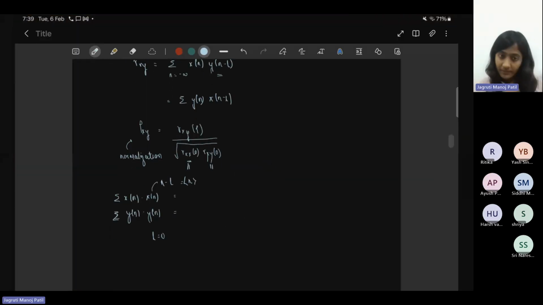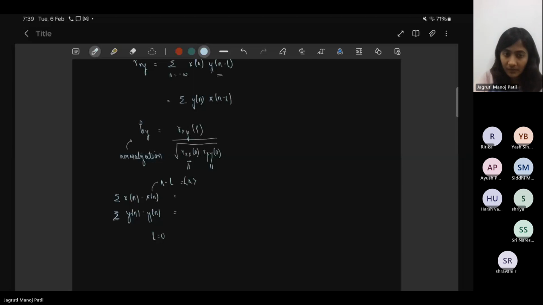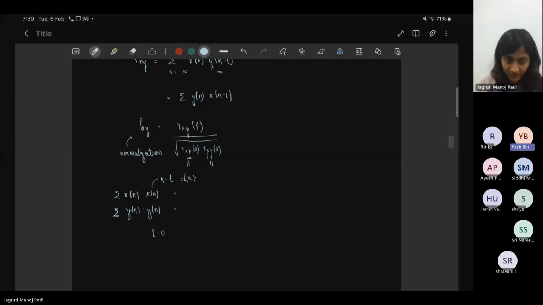Okay, here. Let's answer. Rxy of 0 is coming 0.96? Means the zeroth term of the normalized cross correlation.